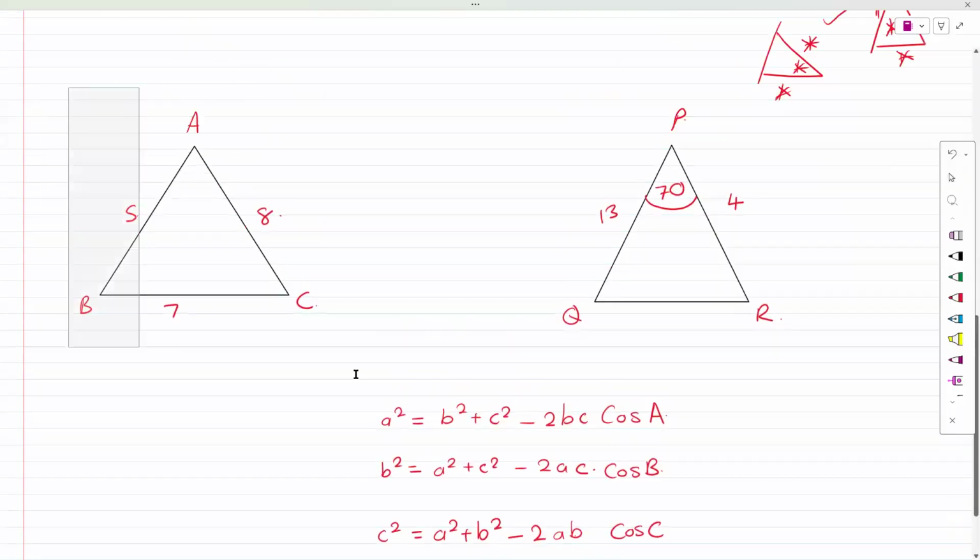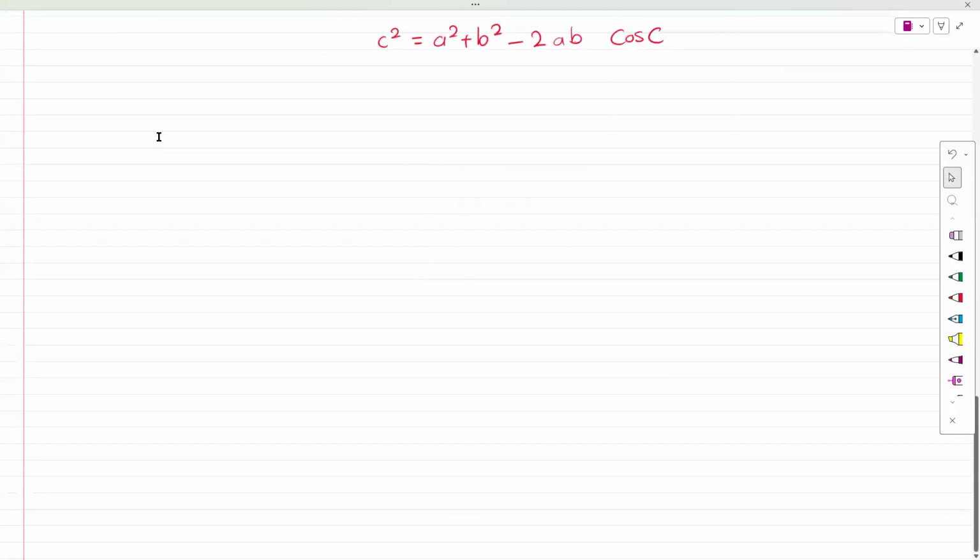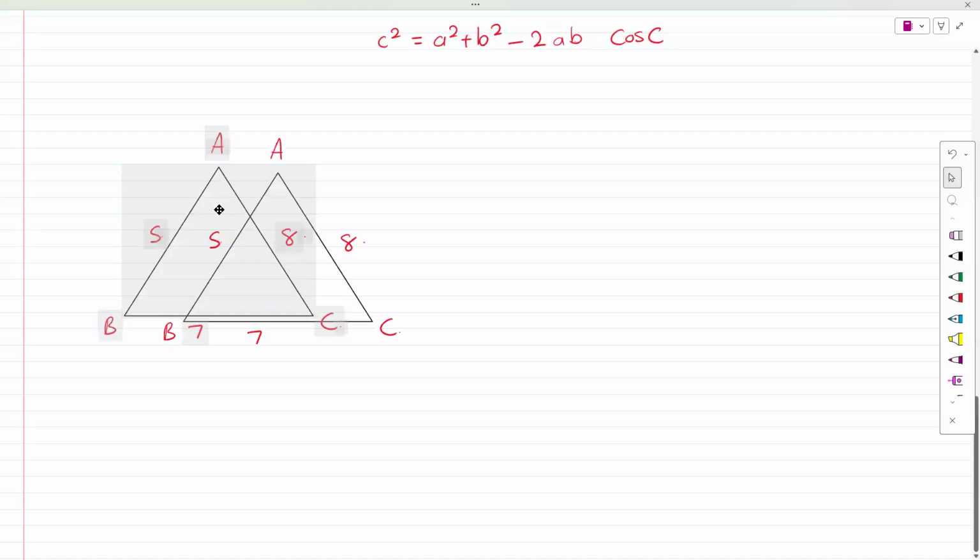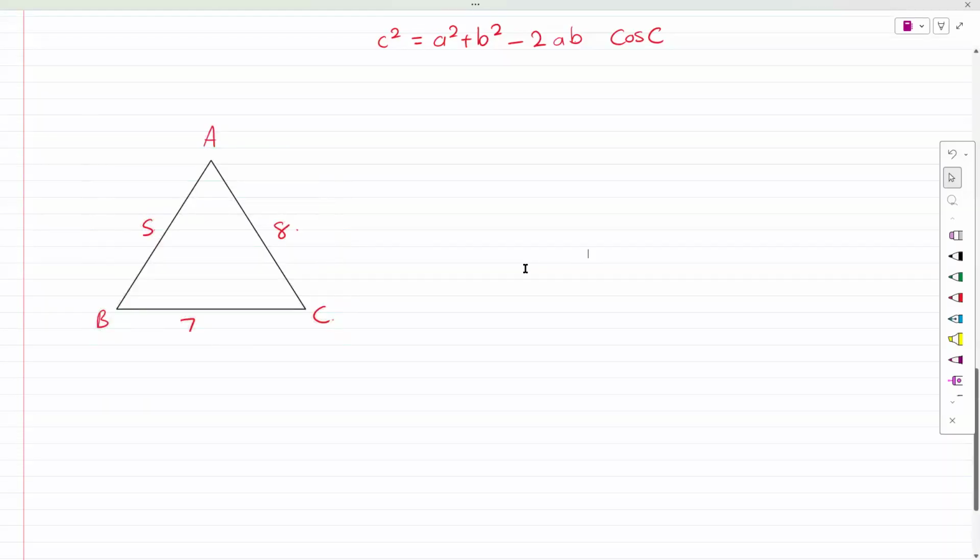Let's start with this question. Let's say I want you to calculate angle A. To do angle A, we have to use cosine A. The formula we use is A squared equals B squared plus C squared minus 2BC cosine A. Before we start, let's label: that's A, that's B, and that's C. From here, it's quite simple.